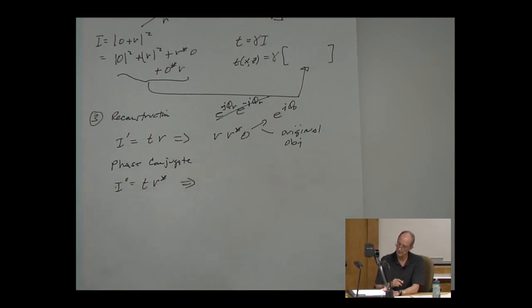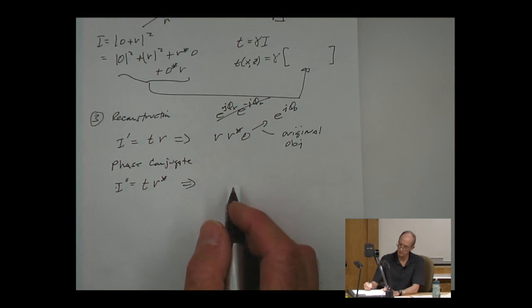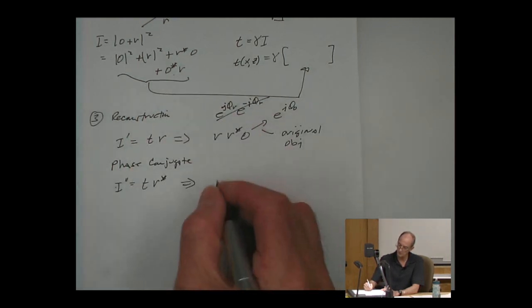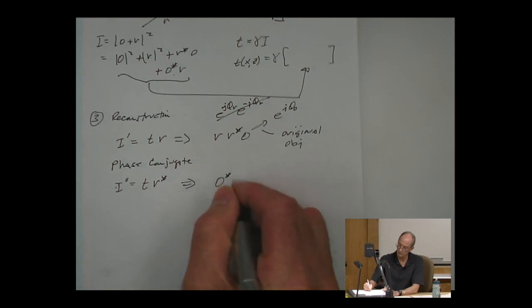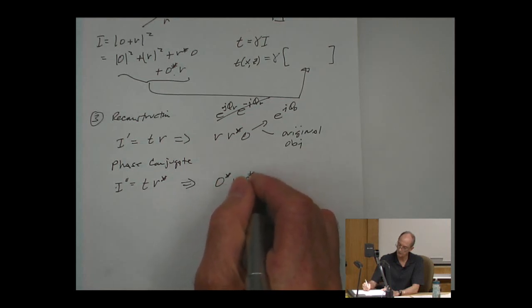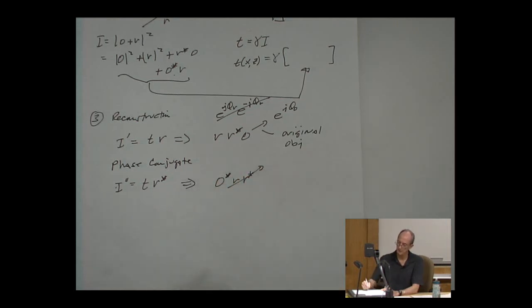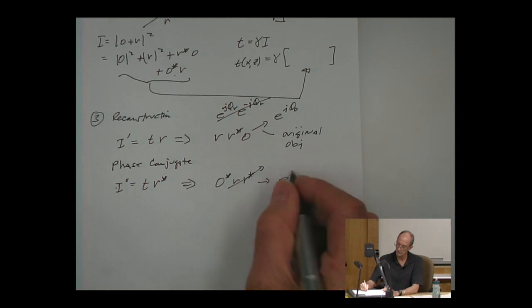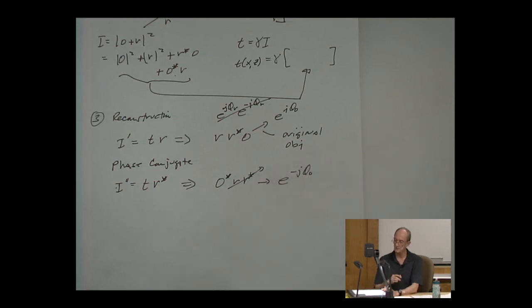In that case, the term of interest is this last term here, where we now have O star R star. And once again, these cancel, and we're left with e to the minus j phi o, which is the conjugate of that object wave.